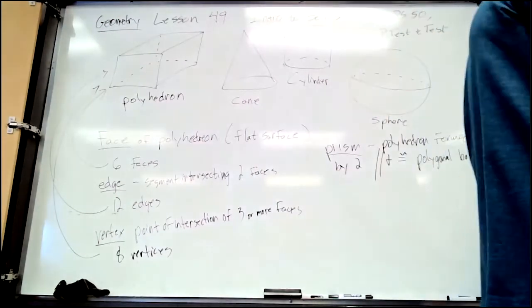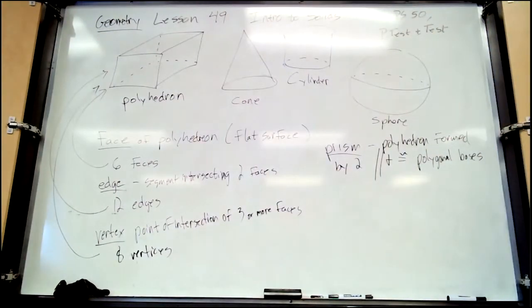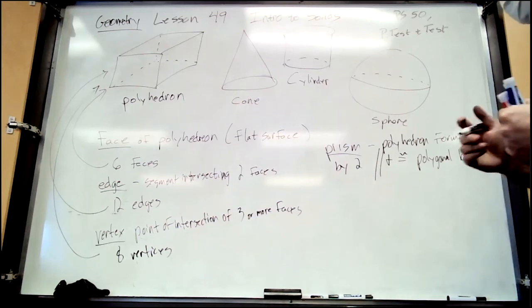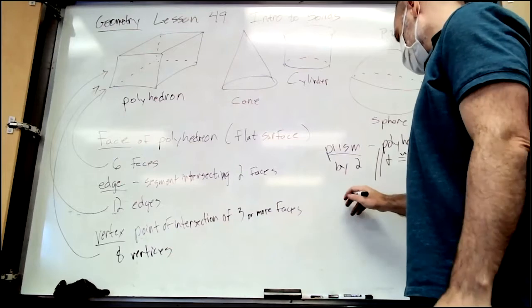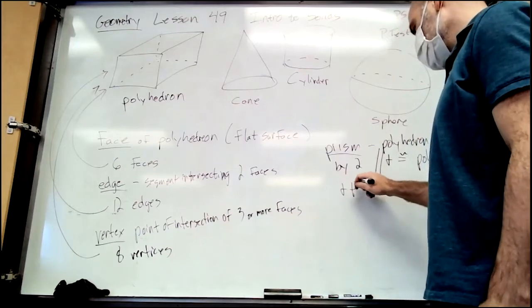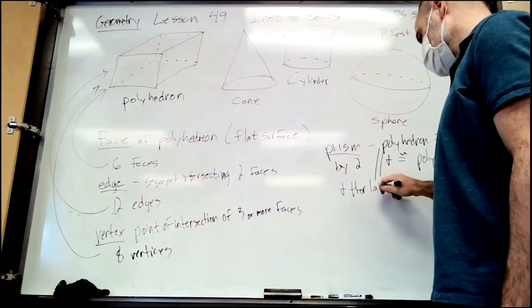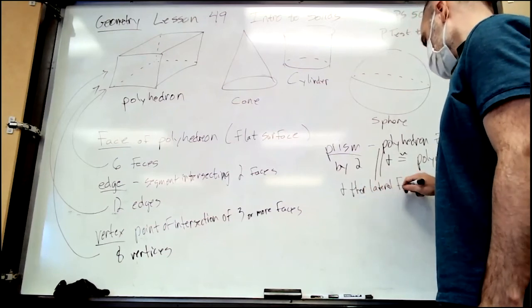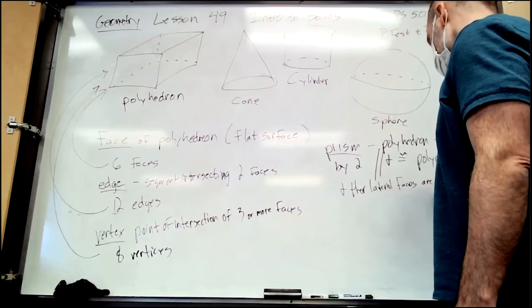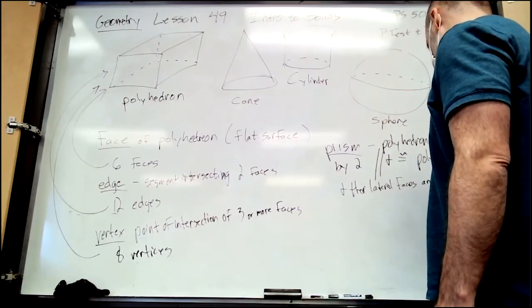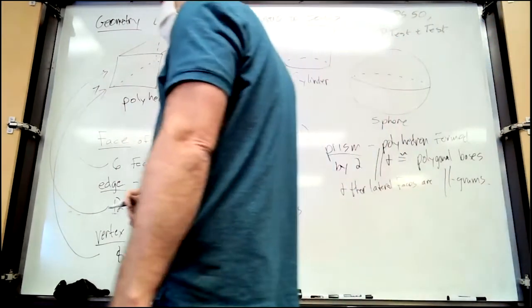If you have two congruent parallel bases, then their sides are going to be parallelograms, okay? And their lateral faces are parallelograms, okay?